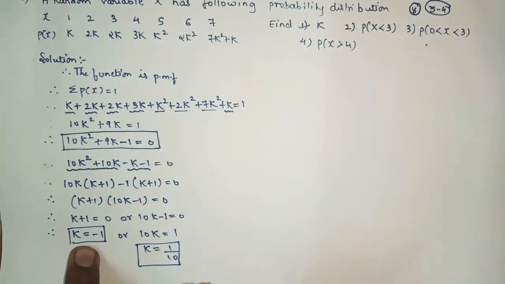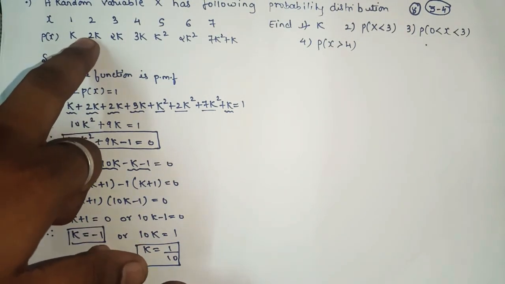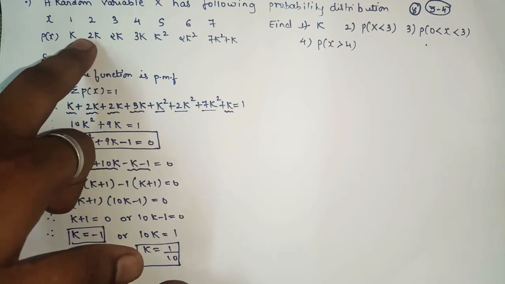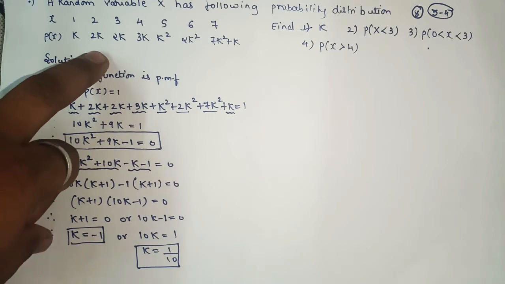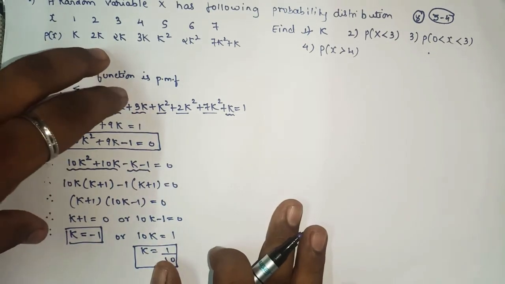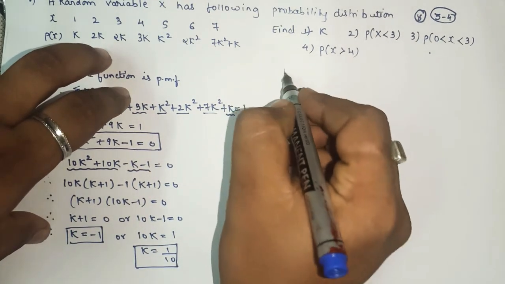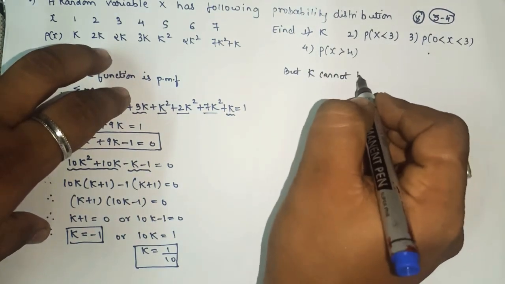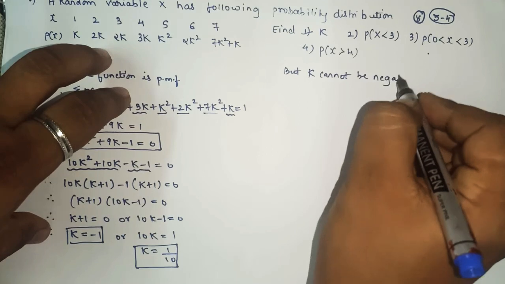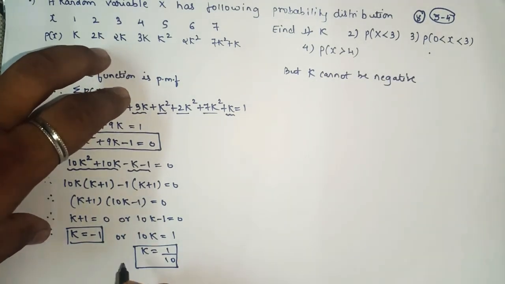So straight away we can clearly see that when you replace the value of k here, the probability value will be negative. As per the rule, the p of x value cannot be negative. So k cannot be negative. If k cannot be negative, which value satisfies?